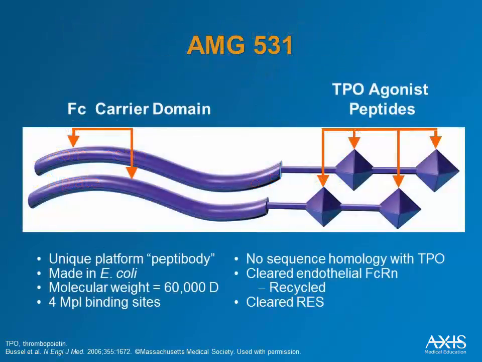AMG 531 has 4 identical peptides that have disulfide bridges to an Fc carrier domain. Since the receptor has to be dimerized, having 2 pairs is a good way to do it. And the half-life gets longer.